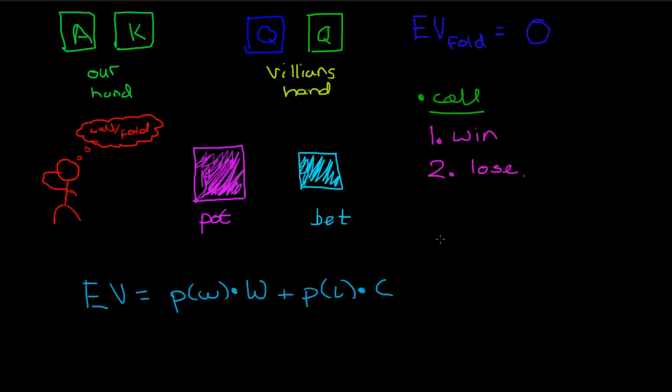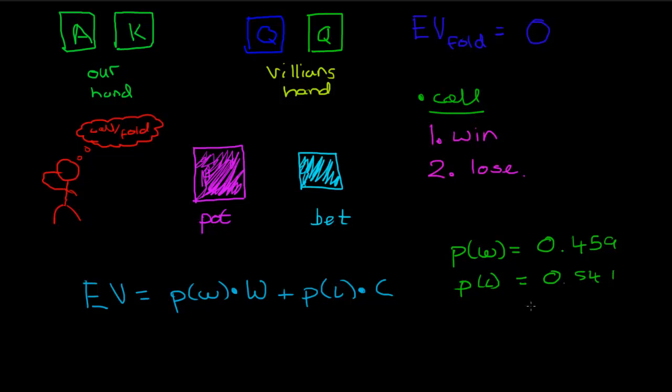So, the probability that we win equals 0.459, and the probability that we lose is 1 minus that, which is 0.541.